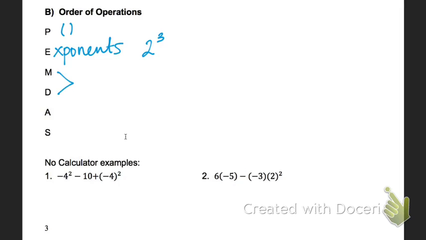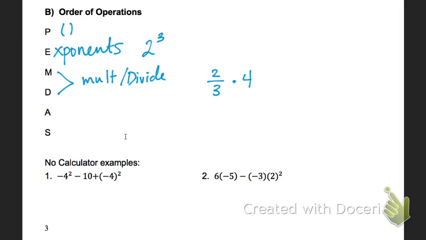The M and the D are what? Multiply, divide. Do you multiply before you divide? Or do they go together? Together. So they happen at the same time. So if you had like 2 divided by 3 times 4, you would not do the 2 times 4 first and then divide.